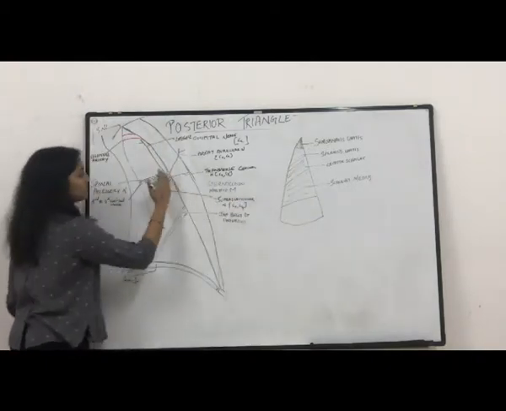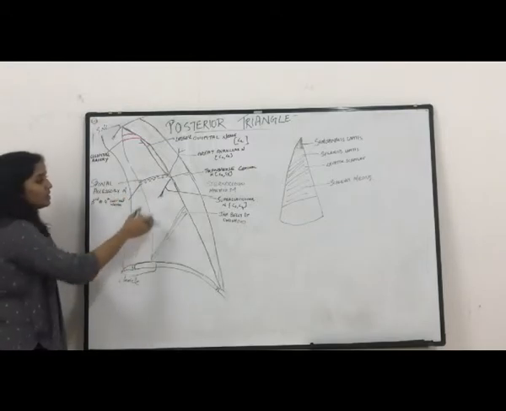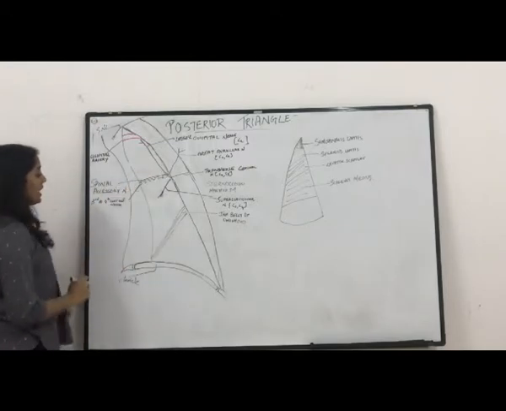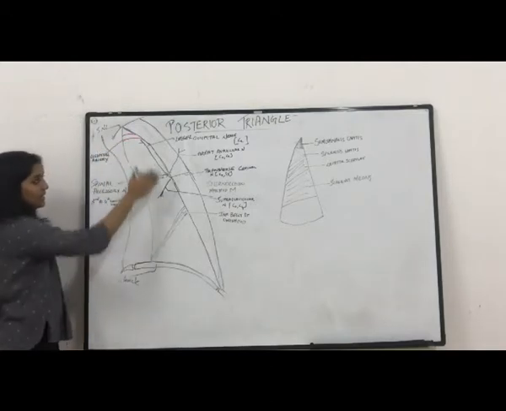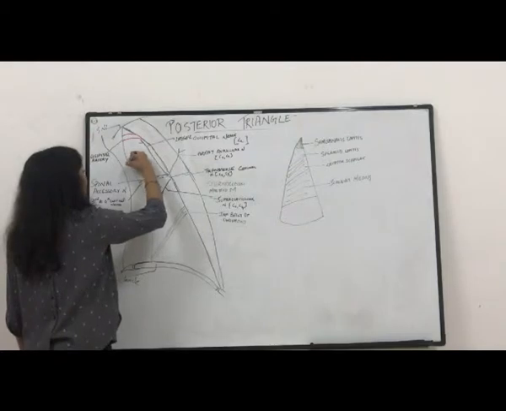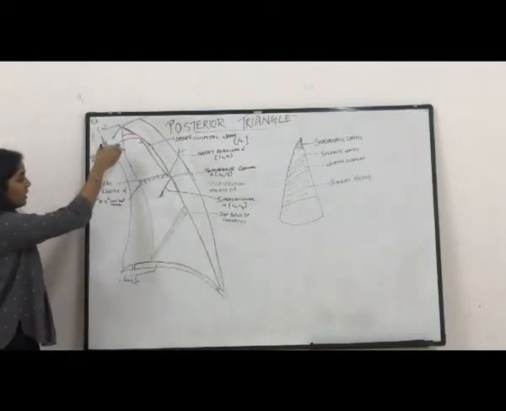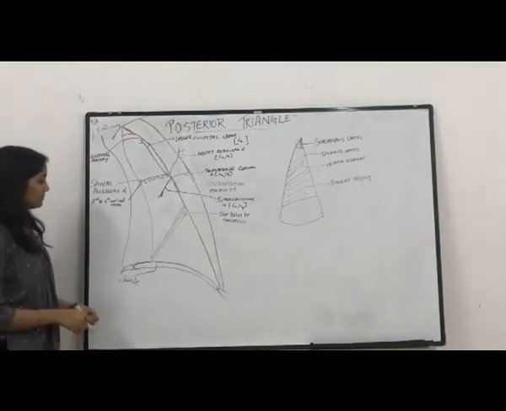And the spinal accessory nerve supplies the trapezius muscle as well as the sternocleidomastoid muscle, which is very important. It's a 1-mark question.